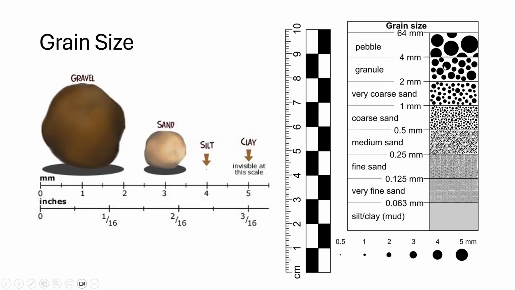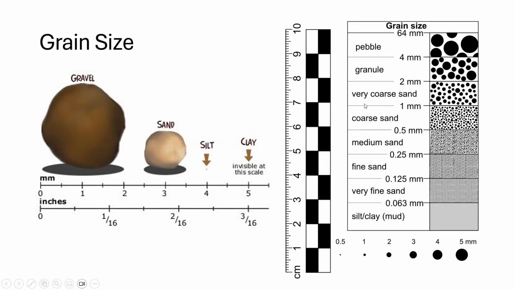All right, so these are pebbles, which form the conglomerates and breccias. Pebbles range between 4 millimeters and 64, granules between 2 and 4, and these gravels give conglomerates and breccias. And then we've got sand particles. Sand particles range from very fine sand to very coarse sand.